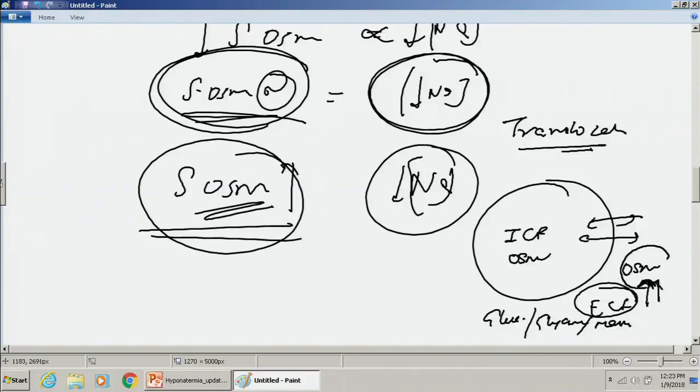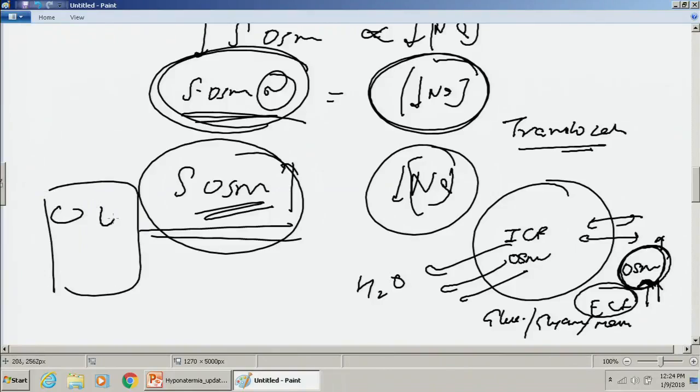So when the osmolarity is higher in the outside world as compared to the inside world, then will water move from inside to outside or outside to inside? Inside to outside, right? So water comes from ICF to the outside world, which is very similar to that Mr. Jack who was just living a happy life with a balance.